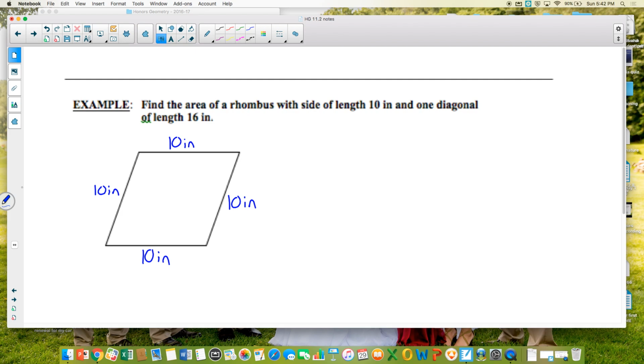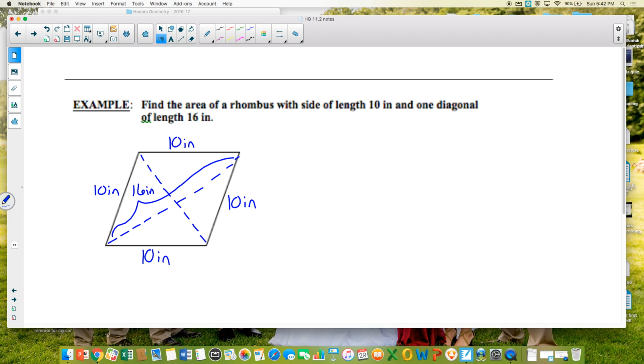And they tell us that one diagonal is 16 inches. So if we draw the two diagonals, it's not great drawing, but it'll work out. So we know that this whole distance of this diagonal, we'll call this 16.